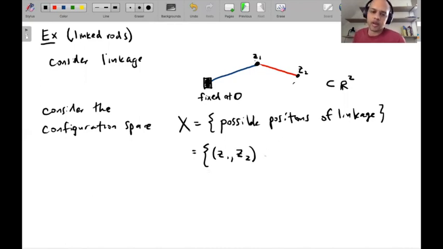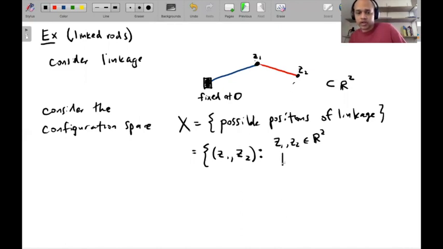And we could write an equation for what is required. So here Z1 and Z2 are in R2. And we can describe explicitly what these points are.